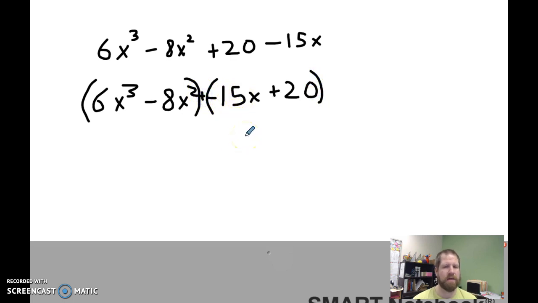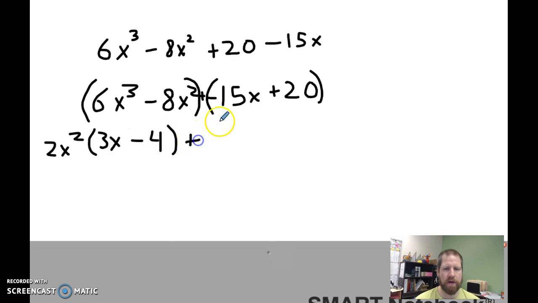That way I can factor them and then look at if I need to pull out a negative factor. So 6x cubed minus 8x squared, our common factor is going to be x squared and 2. So we have 2x squared times 3x minus 4.